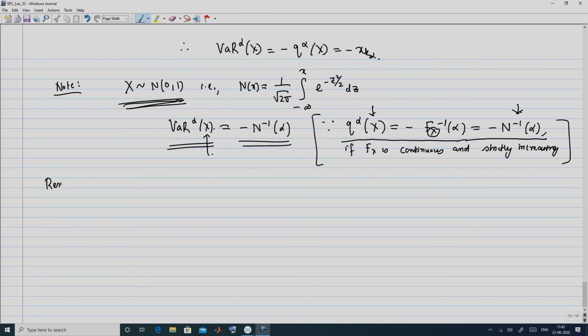And now we are in a position to do our second result, and we have to recall the geometric Brownian motion model.